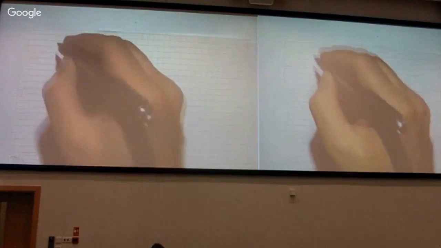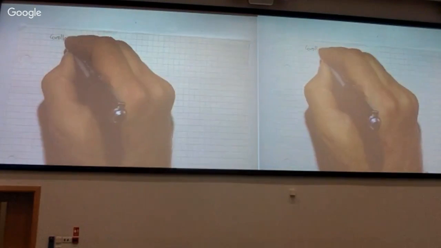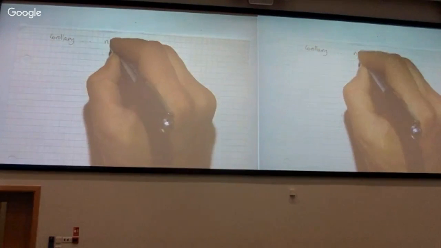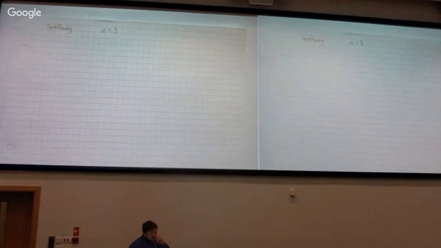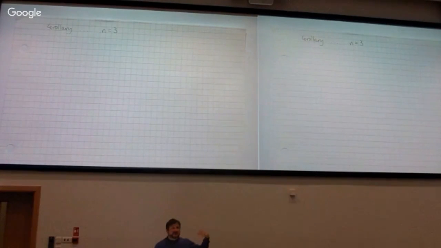So maybe I should have said, the first corollary has a geometric interpretation. For example, if n is 3, these things, for linear programming, only get interesting if you have more than two decision variables.